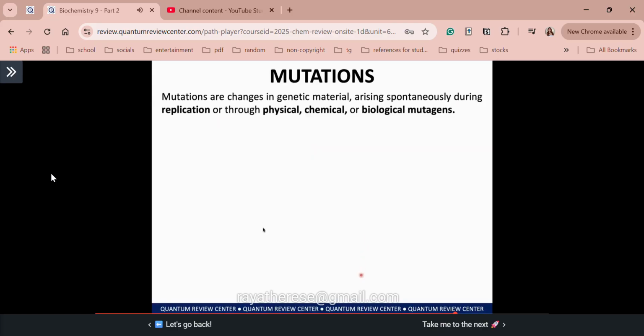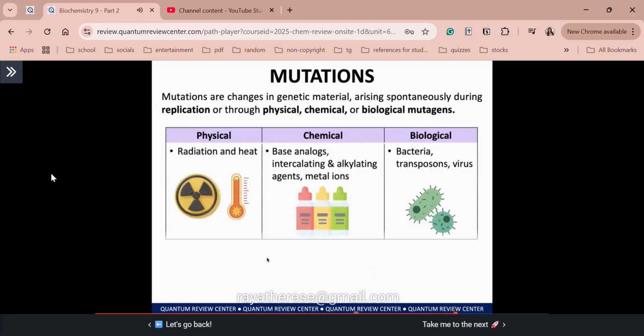Let's check. Ayan. For your physical, we have your radiation and heat. Class radiation, I think you're familiar, di ba? Your ionizing radiation, like X-rays, they can actually induce mutation. But of course, wag matakot, di ba? For your X-ray tests in your clinical lab, of course, small dose of X-rays lang yun.